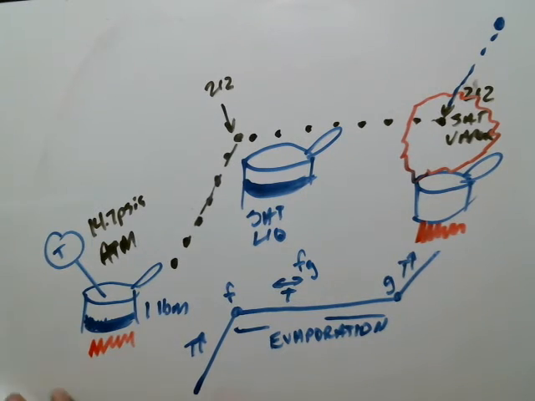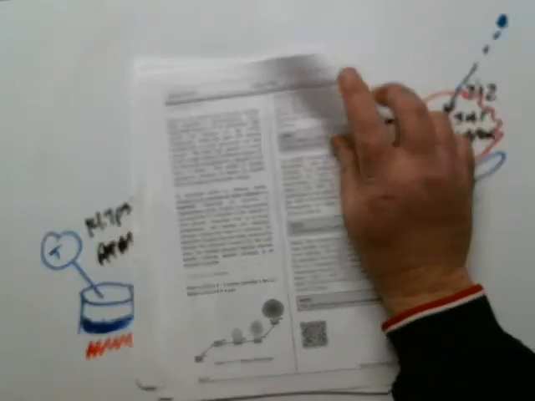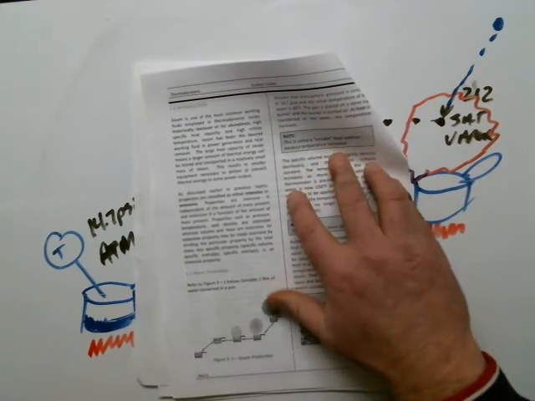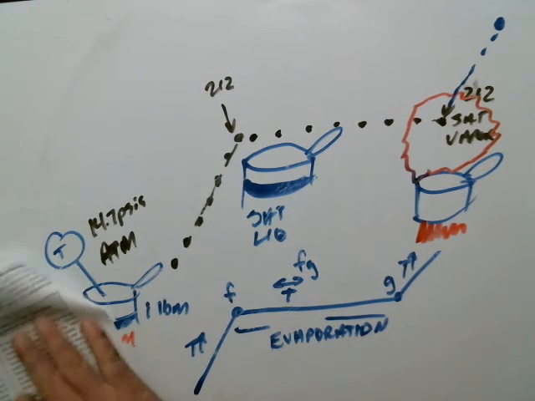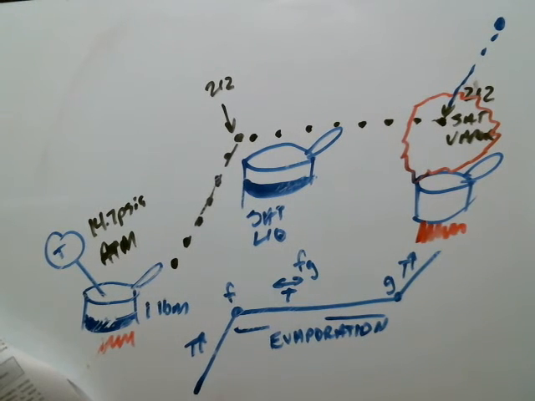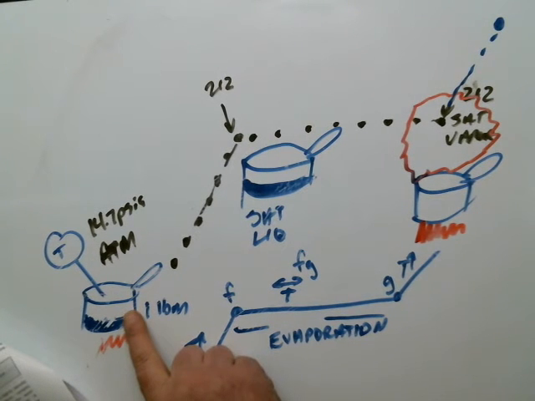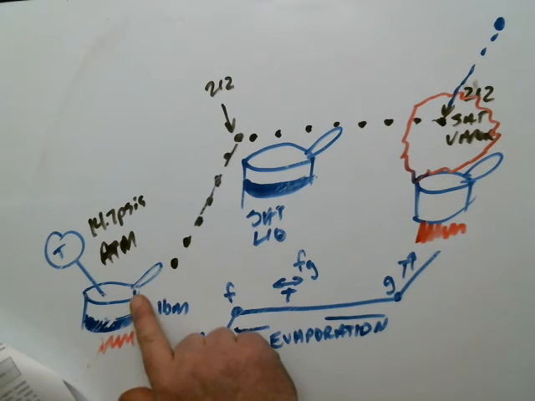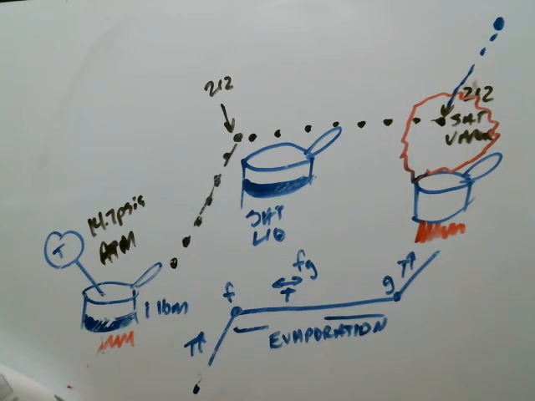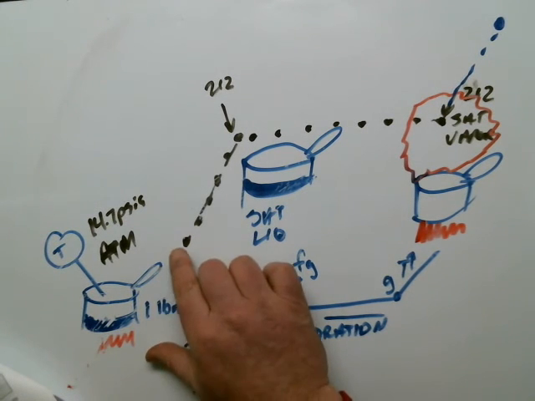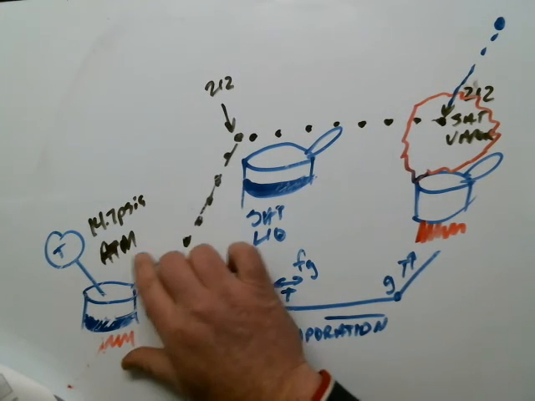So on the right-hand side of your learning material, relative to that drawing, it says assume at atmospheric pressure you have an initial temperature of 60 degrees. So I put 60-degree water in here and turn this burner on. As I raise the temperature, in the second paragraph you'll see the addition of heat raises the temperature.